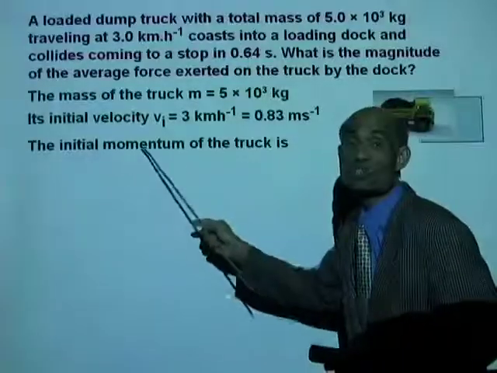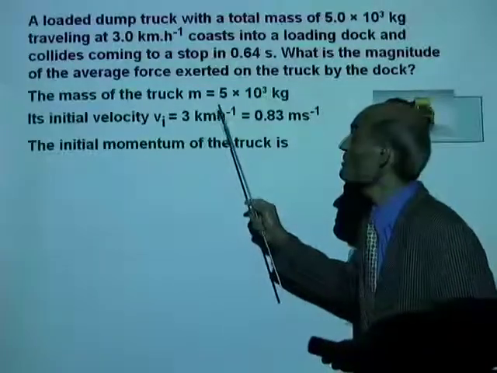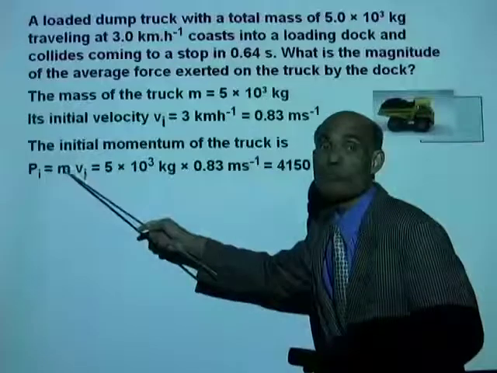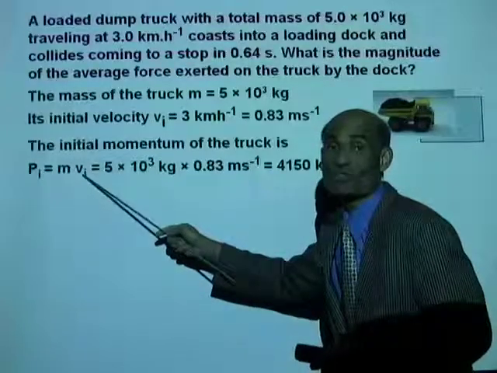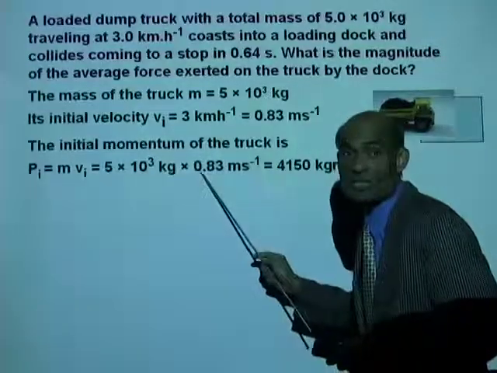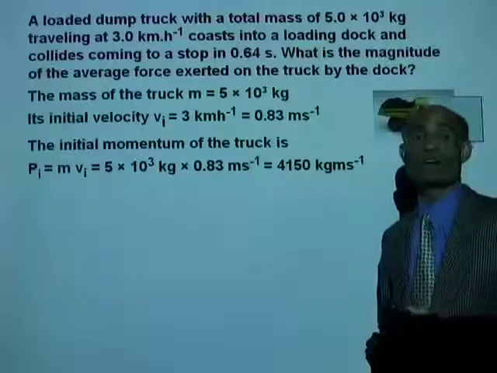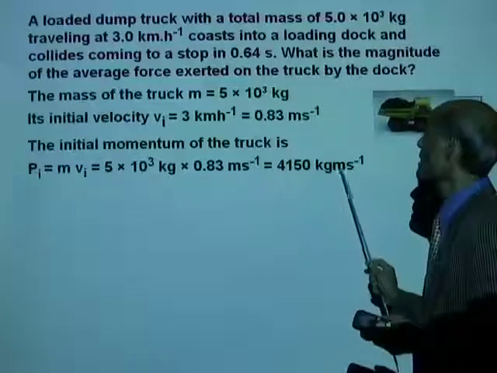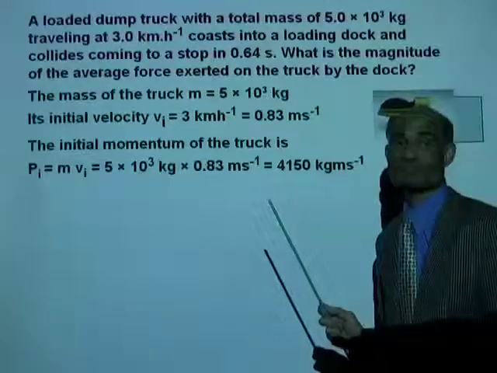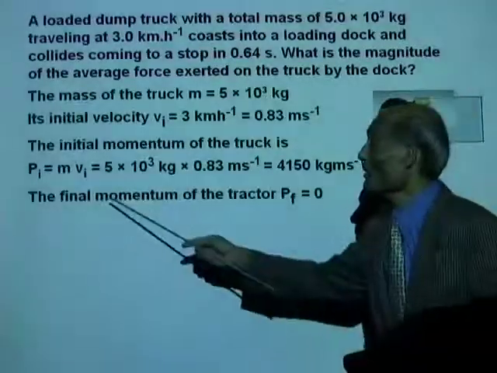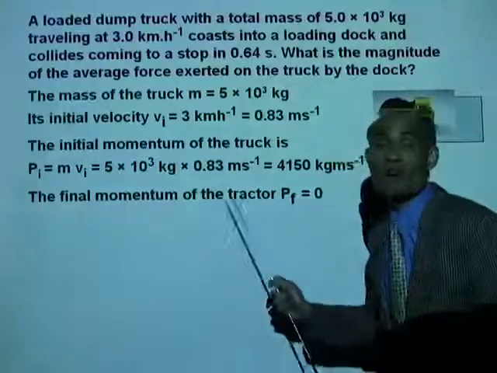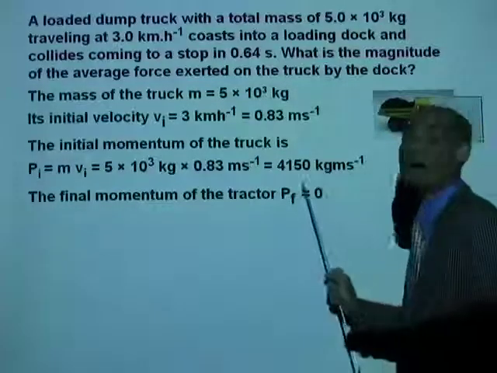What is the initial momentum? Initial momentum Pi is mass times initial velocity, and that is 4,150 kilogram meter per second. What is the final momentum after it comes to a stop?